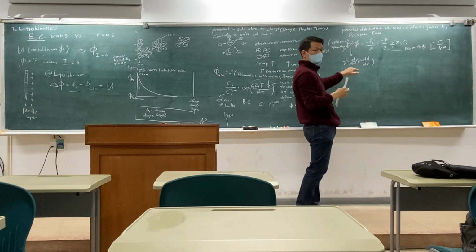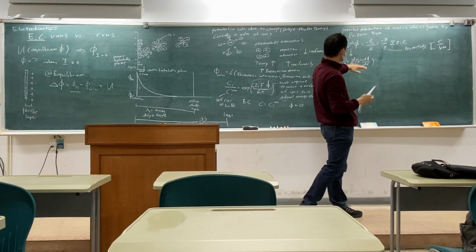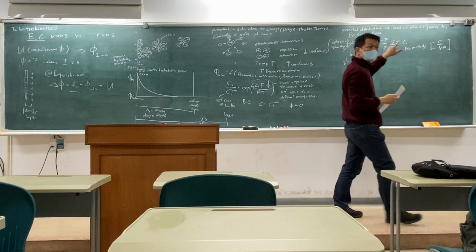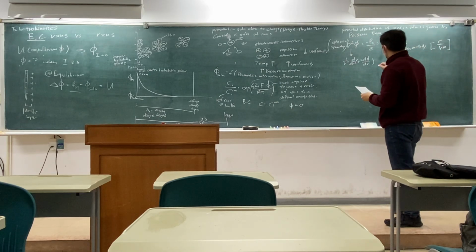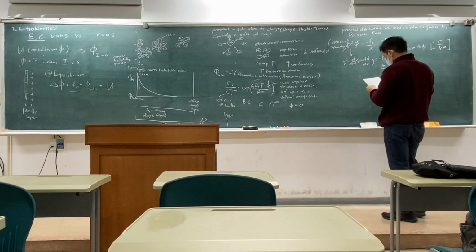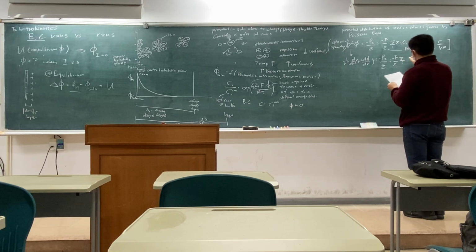Okay? This is spherical symmetry. For the spherical symmetry solution for this. Okay? So this is minus rho e over epsilon, which is equal to minus F over epsilon sum over i of z_i C_i.